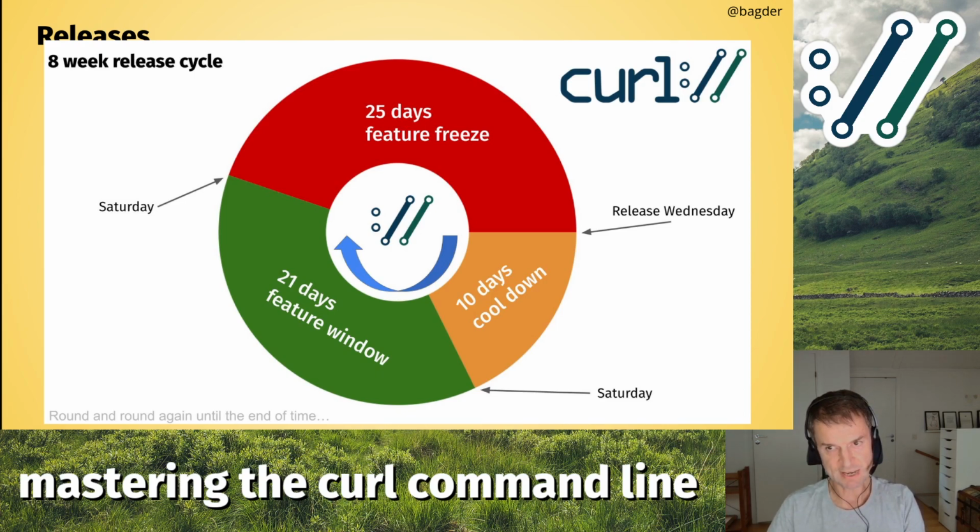Then 10 days after that release, it's a Saturday, we open the feature window and we allow features to get merged for 3 weeks, 21 days, and then it's Saturday again. Then we close the feature window, we have 25 days of feature freeze, and then we do a release. And then we start over and over, and it never ends, and this is the schedule we stick to.